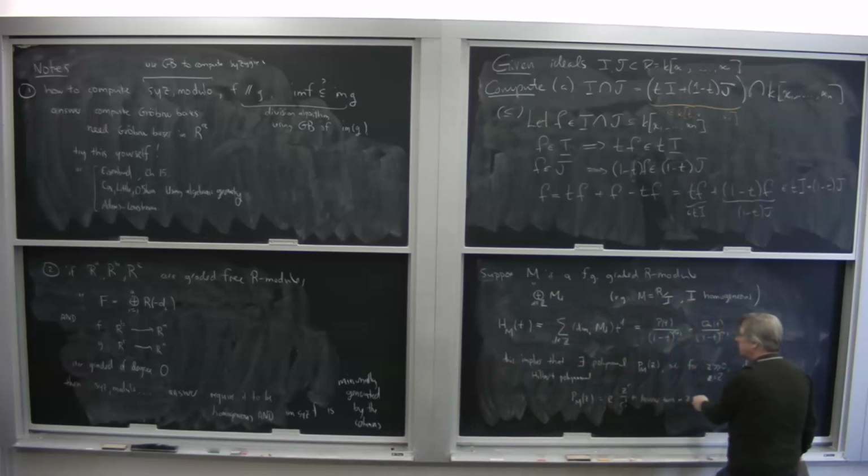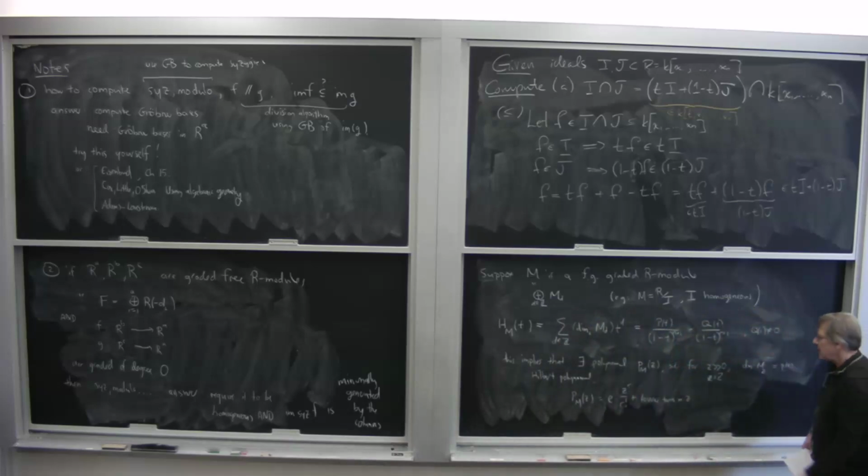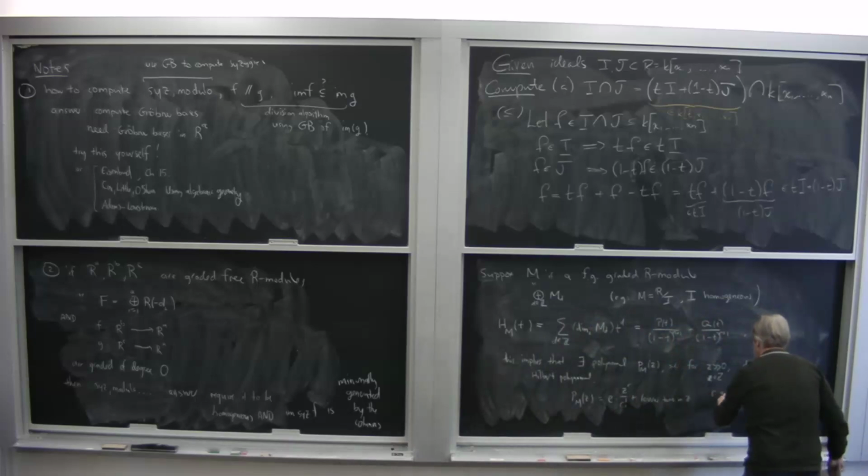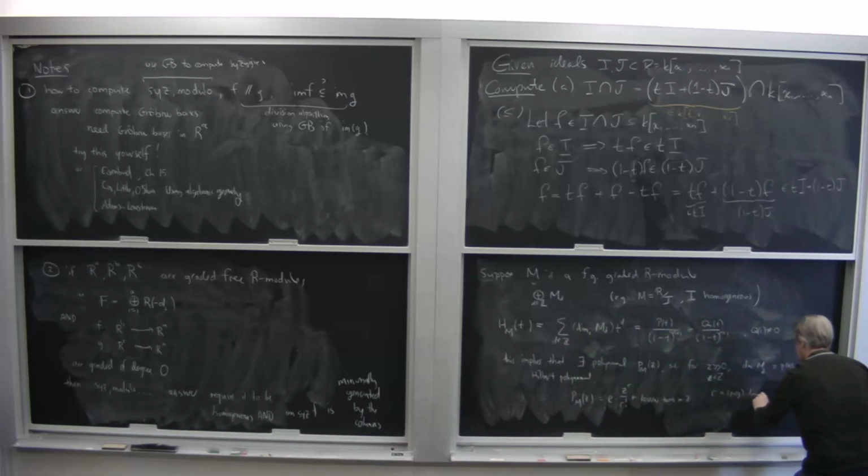Okay, so it's a polynomial in z, and there are no higher ones. And then this number r is the projective dimension of M. Okay, if R mod I, if it's homogeneous, this is going to be the dimension of the zero set of I in projective space. Okay, that's r.